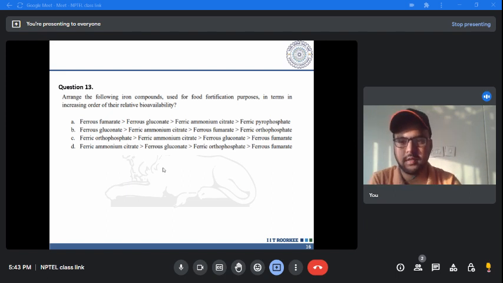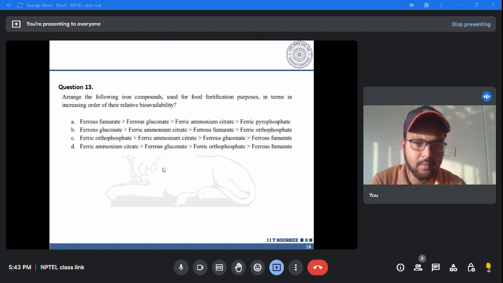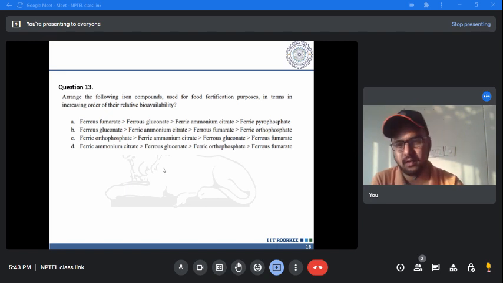Option A is ferrous fumarate, then ferrous gluconate, then ferric ammonium citrate, then ferric pyrophosphate. Option B is ferrous gluconate, then ferric ammonium citrate, then ferrous fumarate, then ferric orthophosphate. Option C is ferric orthophosphate, then ferric ammonium citrate, then ferrous gluconate, then ferrous fumarate.